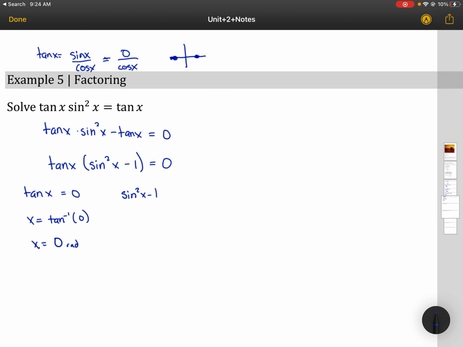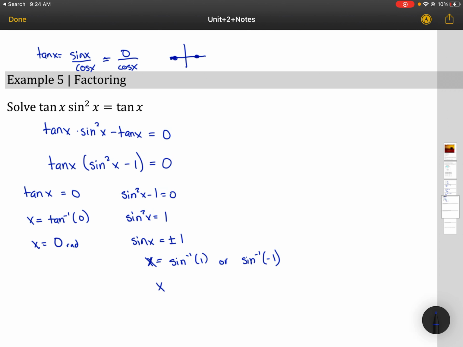The other possibility is that sine squared x minus 1 equals 0, which means that sine squared x equals 1, which means that sine x is equal to positive and negative 1, which means that x equals either sine inverse of 1 or sine inverse of negative 1.